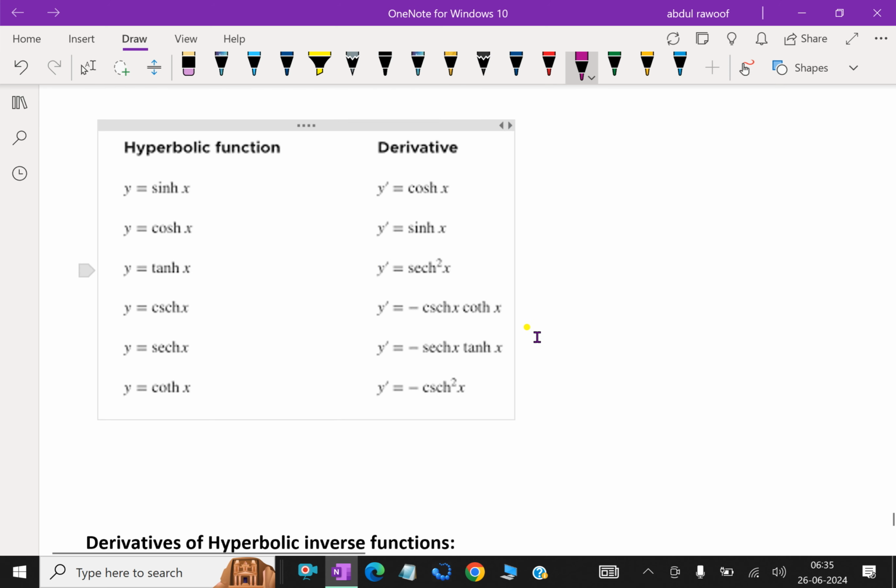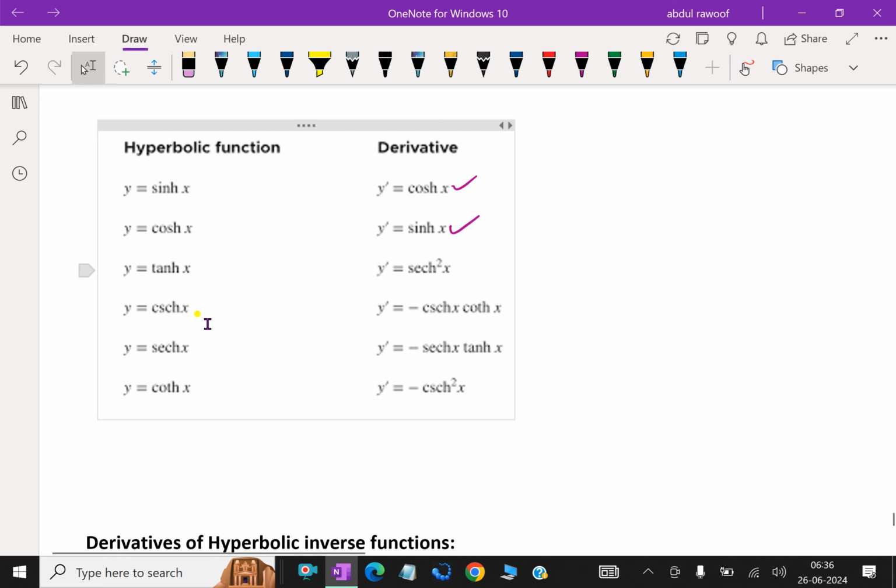Derivatives of hyperbolic functions. This side is the hyperbolic function, this side is the derivative. For y equals sinh x, the derivative is cosh x. For y equals cosh x, the derivative is sinh x. The derivative of tanh x is sech squared x.